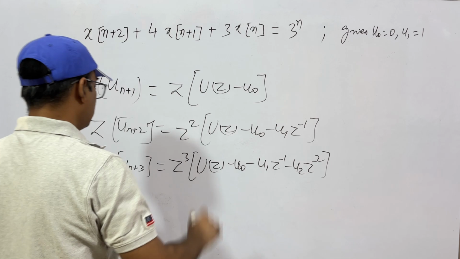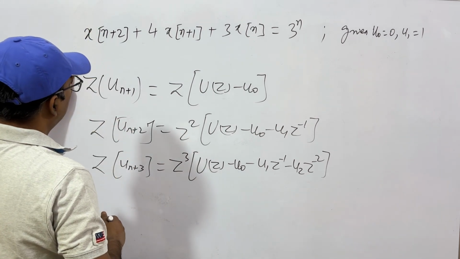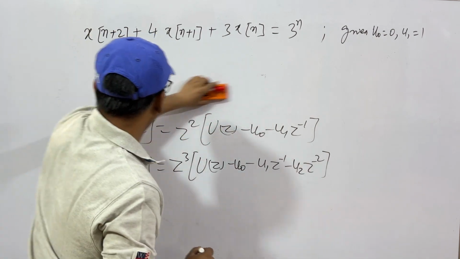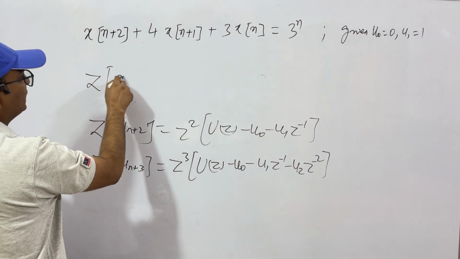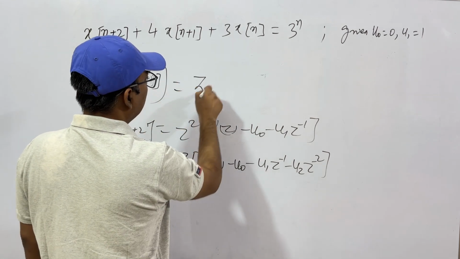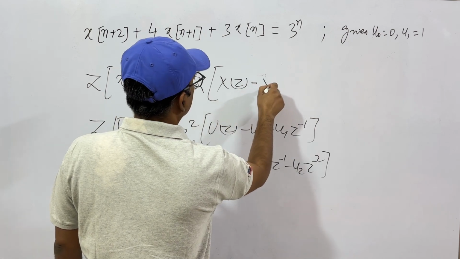So this is the expansion. If you want to see this in terms of x(n), z transform of x(n+1) is given as z X(z) minus x(0).